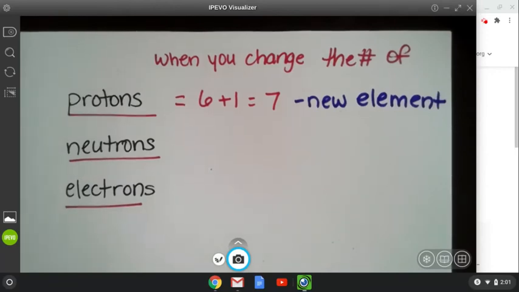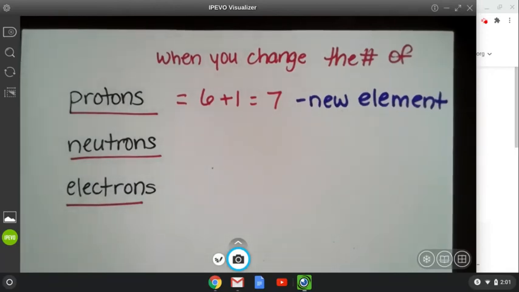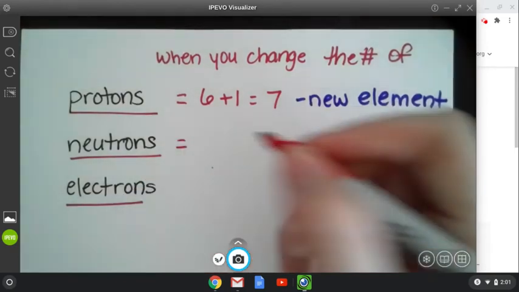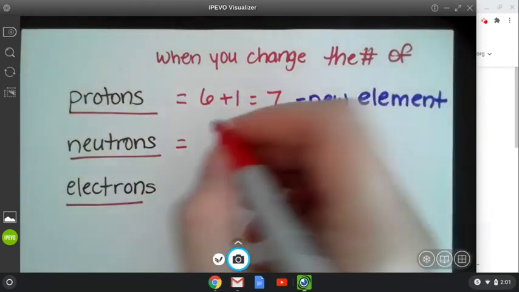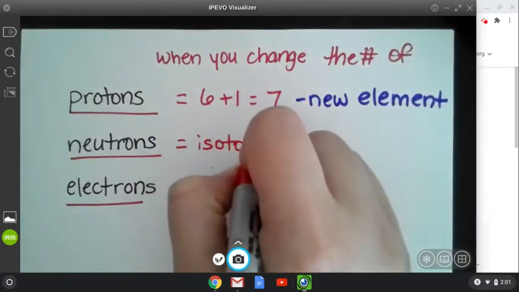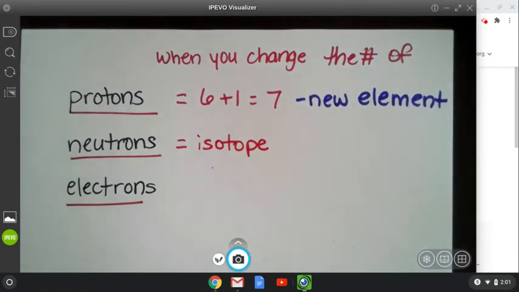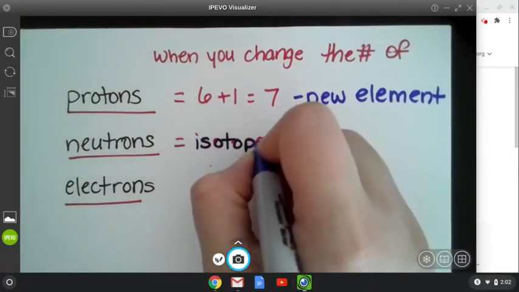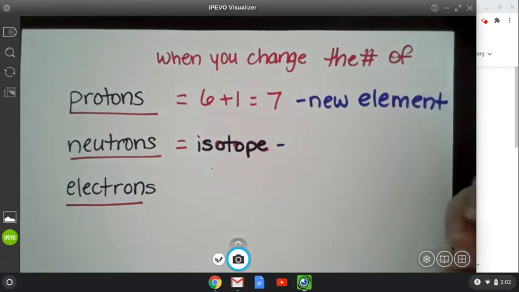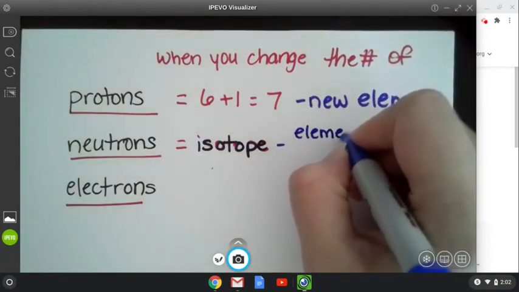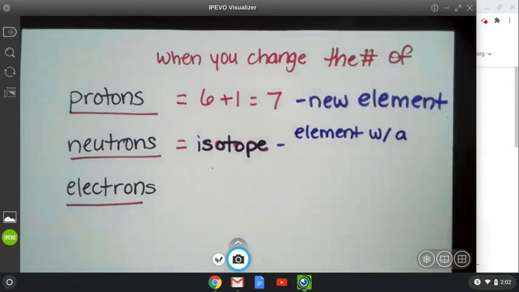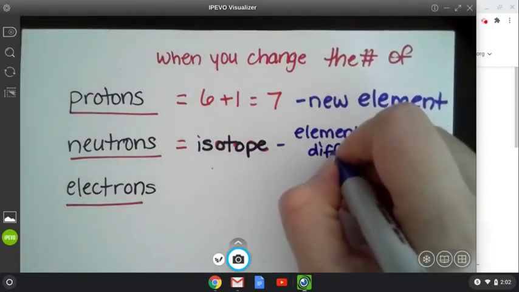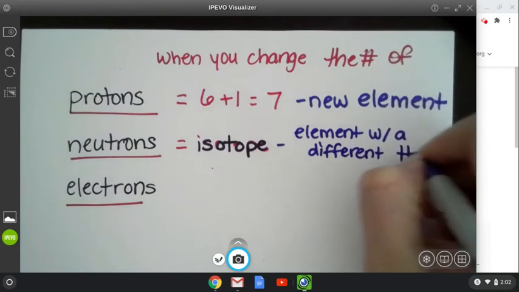Now neutrons are different. Neutrons, which are also found in your nucleus, if you change the number of neutrons, you end up with an isotope. An isotope is an element with a different number of neutrons.